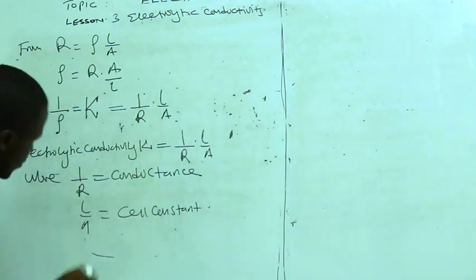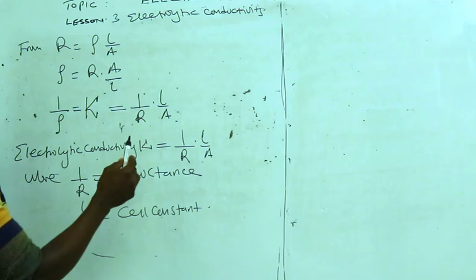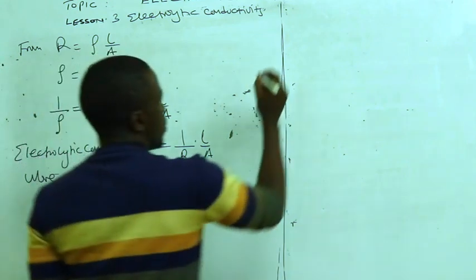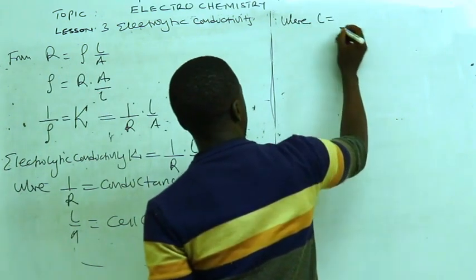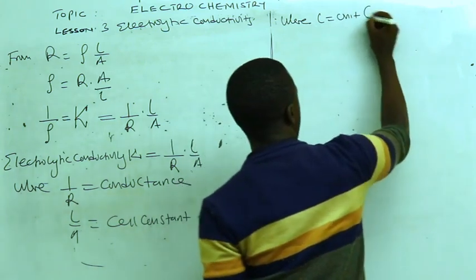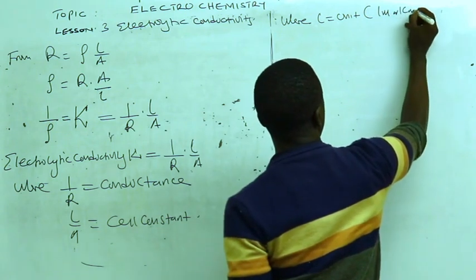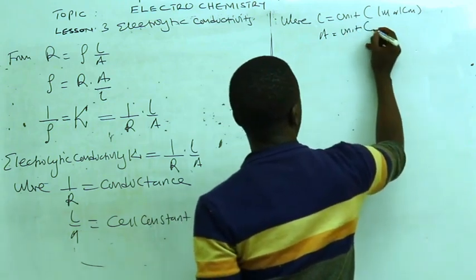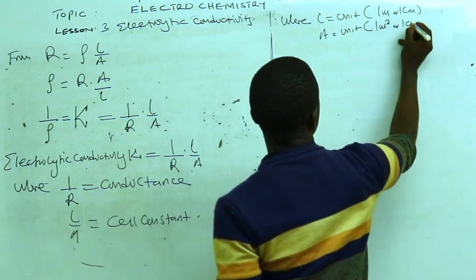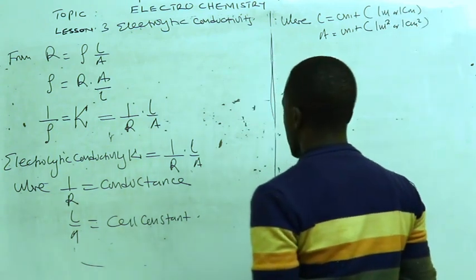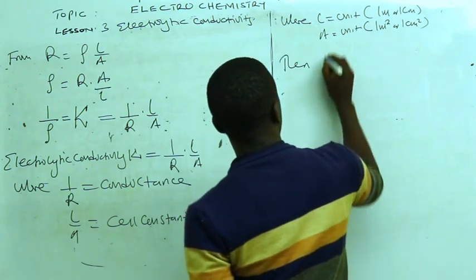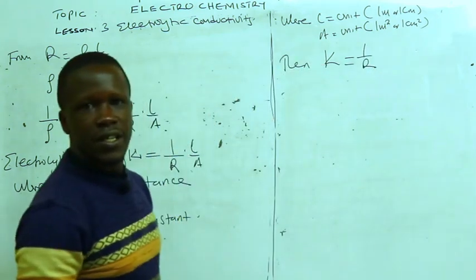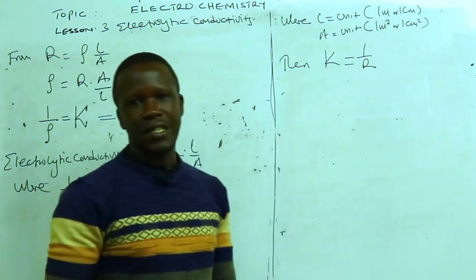Now, when the length between the electrodes is 1 unit, meaning 1 meter or 1 centimeter, and the area is also 1 unit, meaning 1 meter squared or 1 centimeter squared, then K will equal 1 over R. In that case, conductivity is equal to conductance.